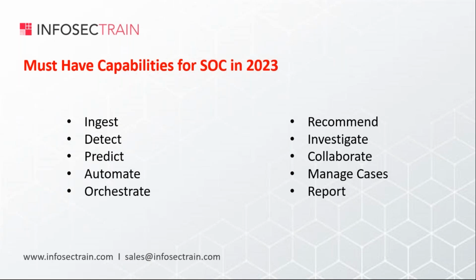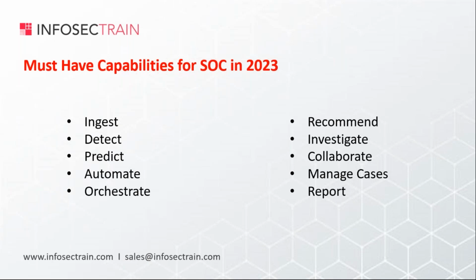Data is the oxygen that gives life to a SOC, and all of your analytics and algorithms breathe on it. So the most important capability of a SOC is to ingest data from any source. Whatsoever device you have in your environment, whatsoever tool, whatsoever setup, be it structured or unstructured, collect all the data to one centralized location.